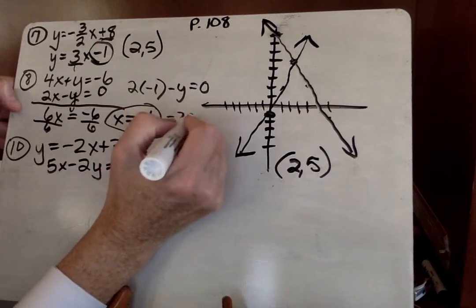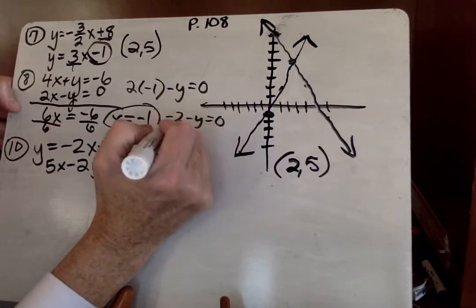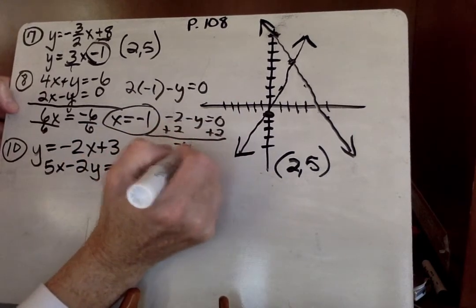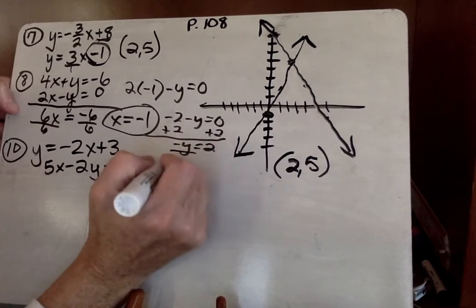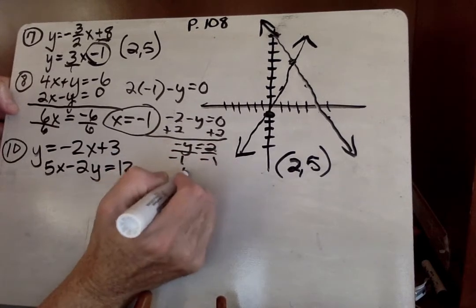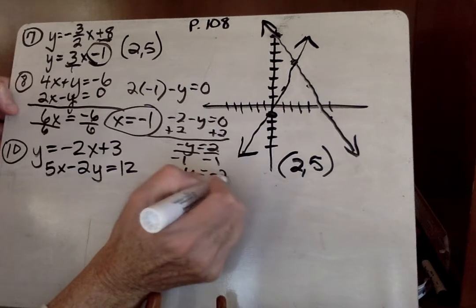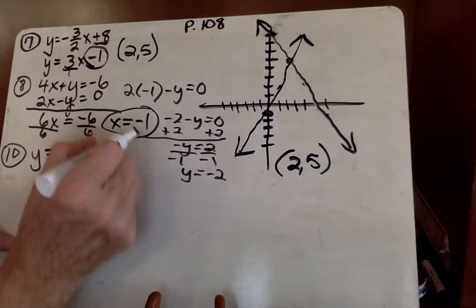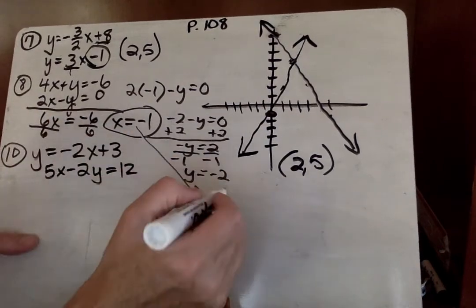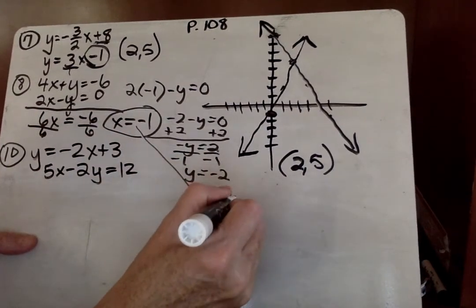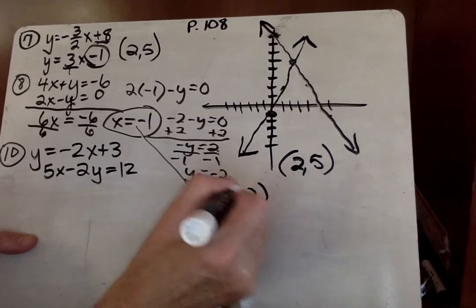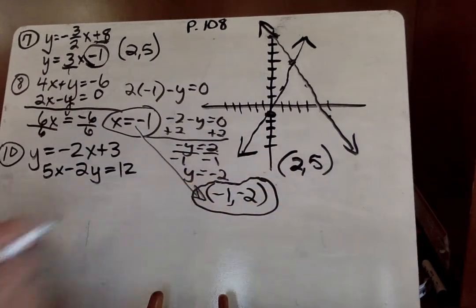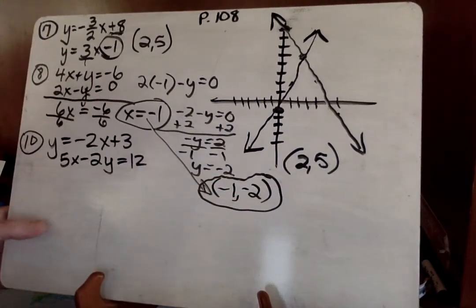So I get negative 2 minus y equals 0. So y equals negative 2. So the solution for number 8, I'm going to put an arrow over here, is negative 1, negative 2. Again, we put them in xy form, making sure that your x value is always listed first.